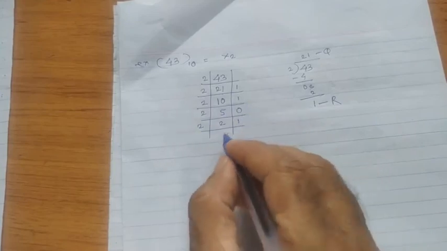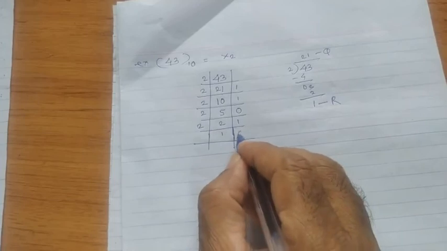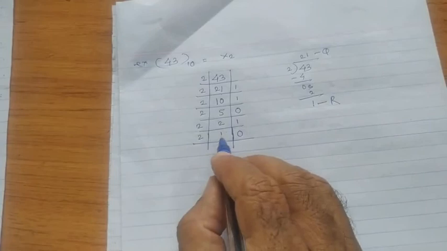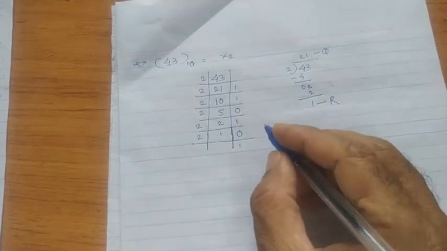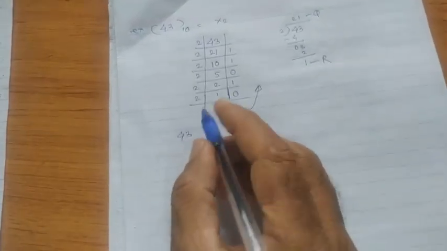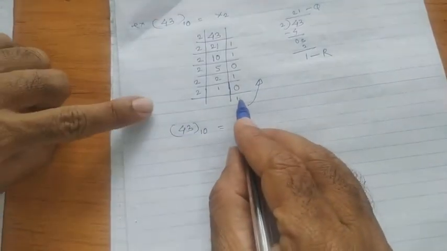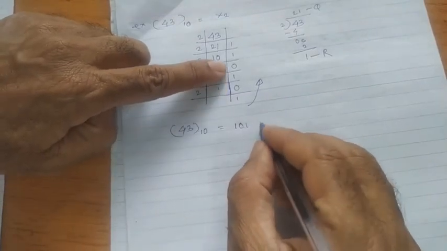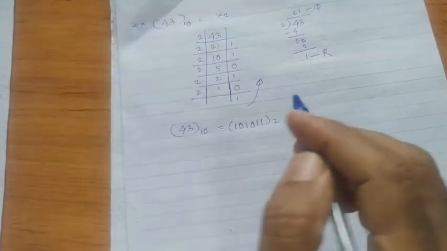Again divided by 2: 2 1s are 2, no remainder, so we write 0. Then 1 cannot be divided by 2, so we write 1. Take the remainders from bottom to top, so 43 base 10 is equal to 1 0 1 0 1 1 base 2.